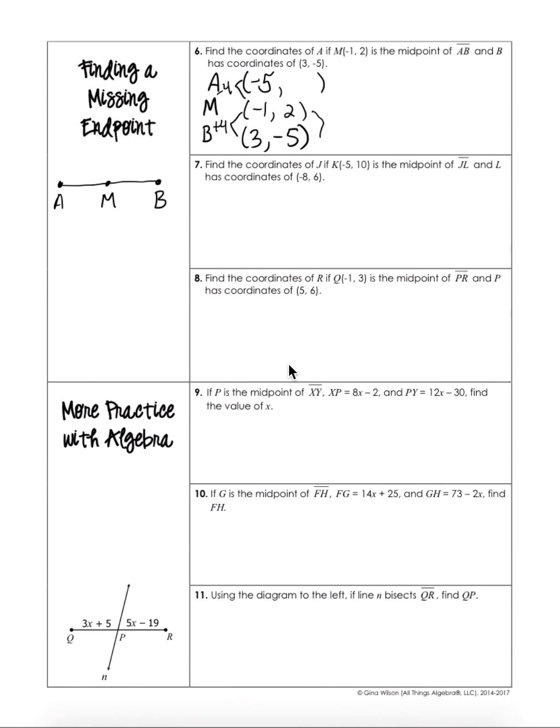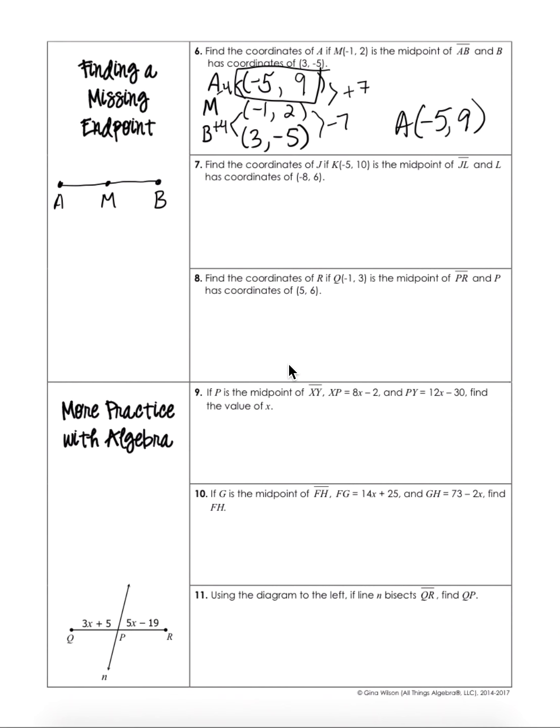So I'm going backwards 7 to get to B. So now if I want to go from M to A with the y value, I'm not going to go backwards. I'm going to go forwards 7. I'm going to go in the opposite direction. So 2 plus 7 is 9. That's how I'm going to work that problem. So A is at the point -5, 9.